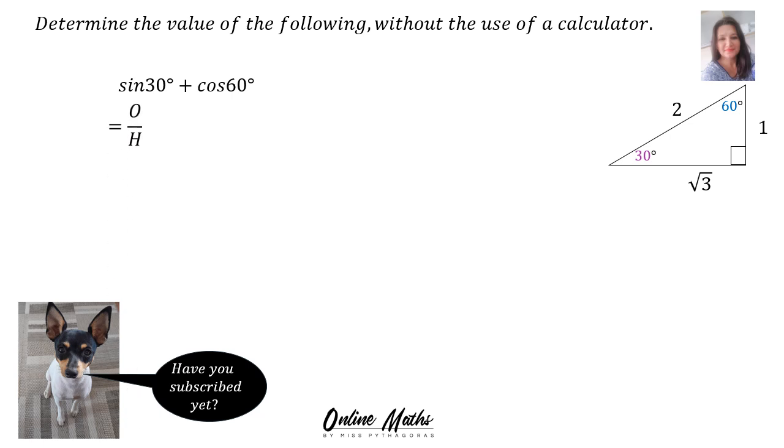Sin's ratio is opposite over hypotenuse, which is, if you go to the sketch, 1/2. Cos 60. Cos's ratio is adjacent over hypotenuse, but now you must be careful. There is 60, so adjacent to 60 is 1/2. And then a half plus a half is 1.